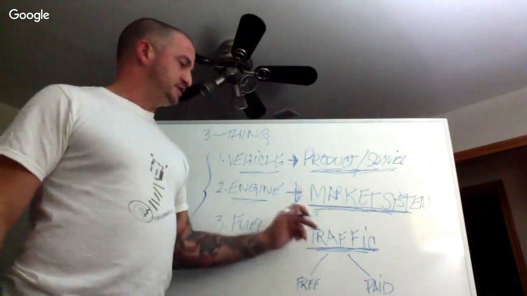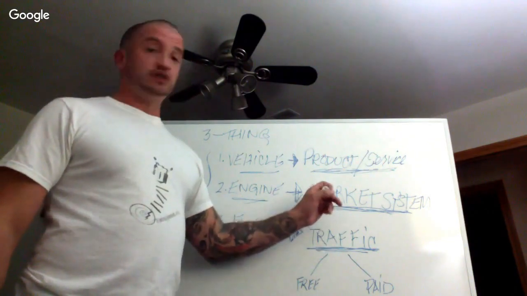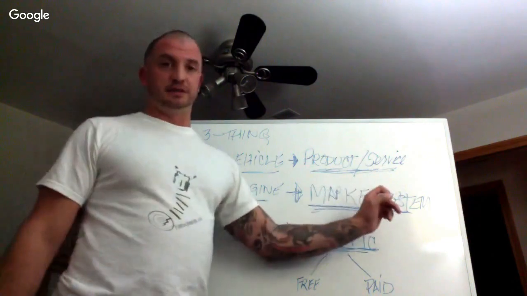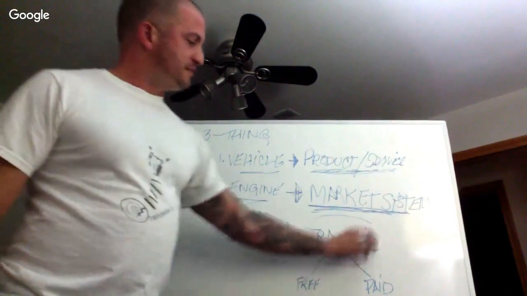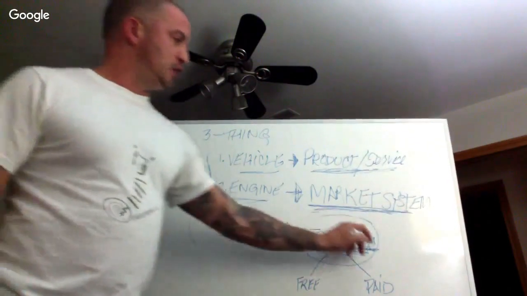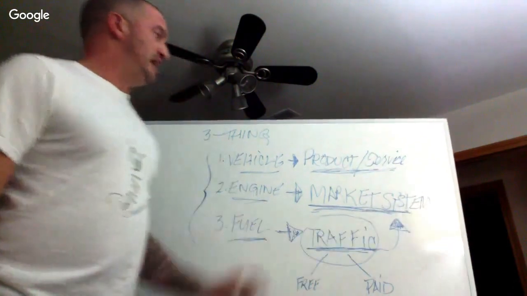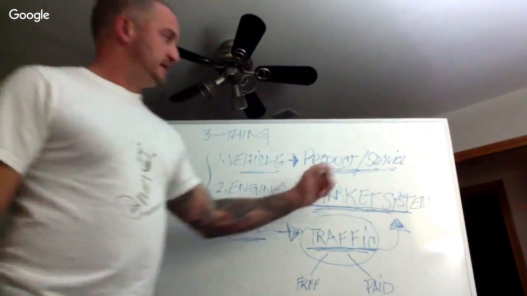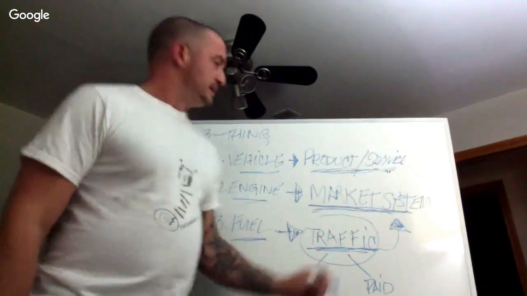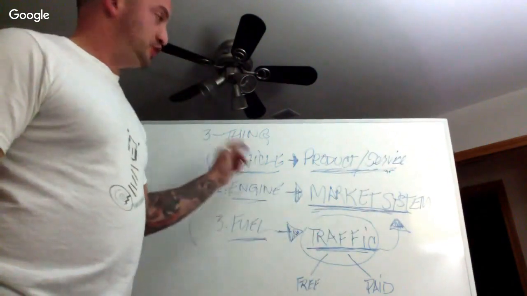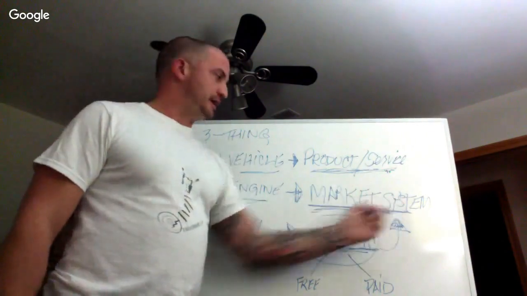You want to get as many people looking at your product or service through your marketing system in order to sell it. Now, the more traffic you have going into your marketing system, the higher the probability is that you're going to generate sales, depending on how good your product is and how well you're operating your marketing system.